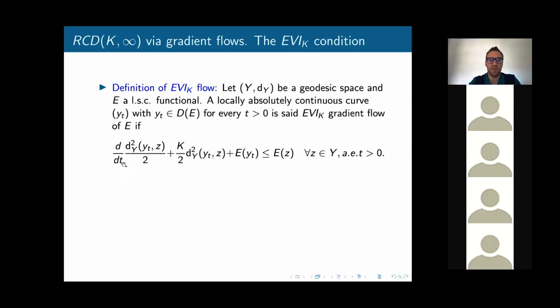So the time derivative of the distance squared from y_t to z over 2, plus K over 2 times the distance squared from y_t to z, plus the value of the functional at y_t minus the value of the functional at z is less or equal to zero, and we have this inequality for almost every time.